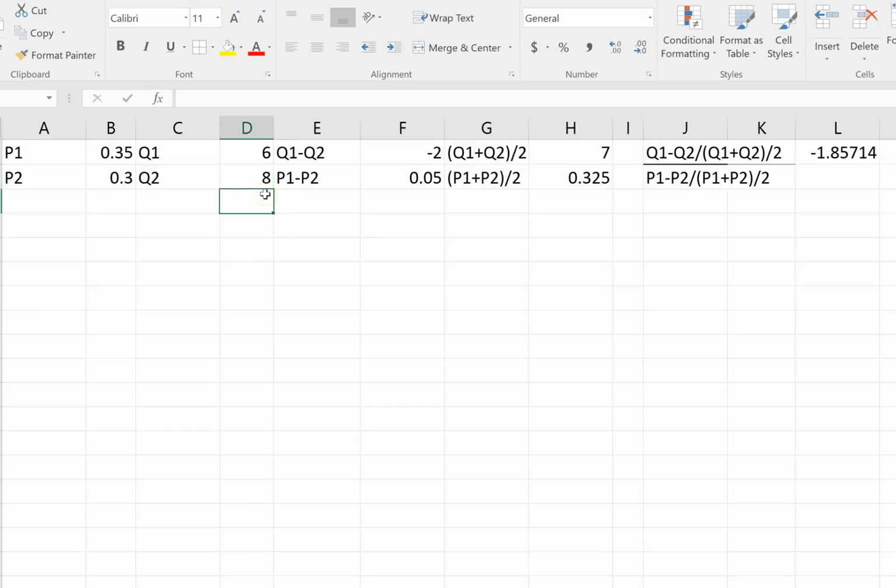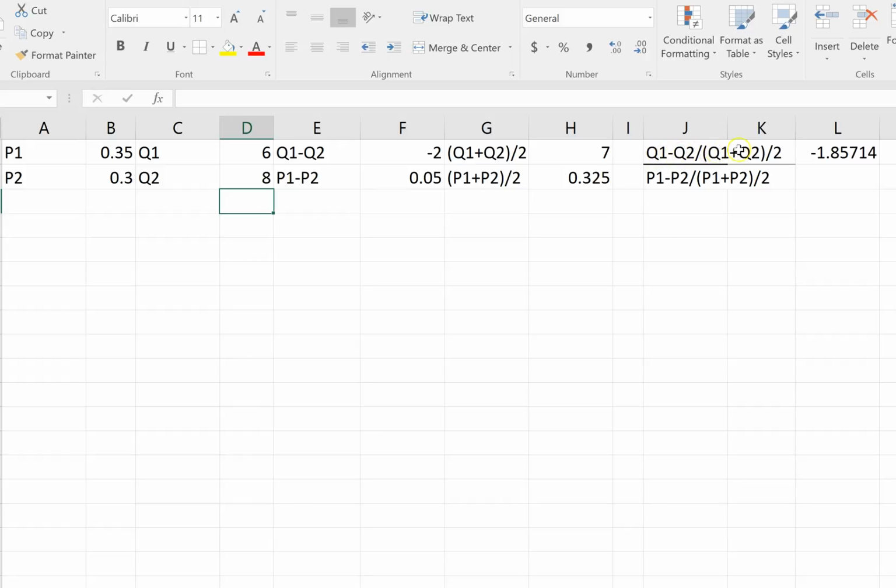And so you can see what we have here is our Q1 minus Q2 is minus 2, that's 6 minus 8. And our P1 minus P2 is 0.05 because that's 0.35 minus 0.3. And then we take the average quantity, which is 7, and our average price, which is 0.325. And then we put this all together in this formula.